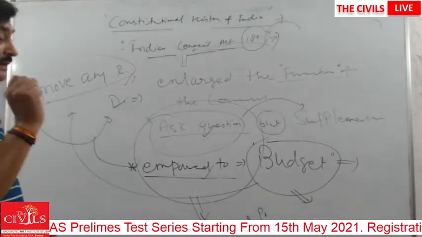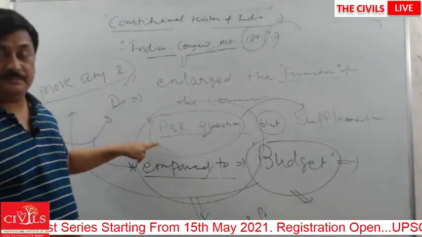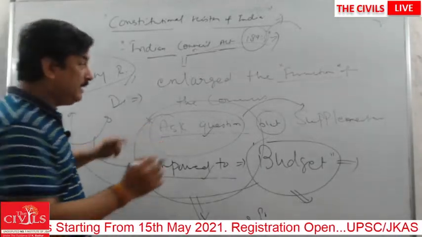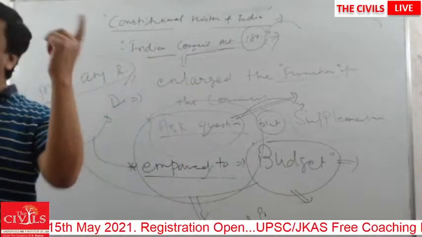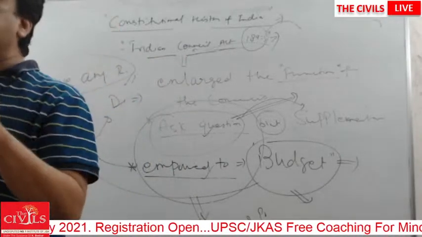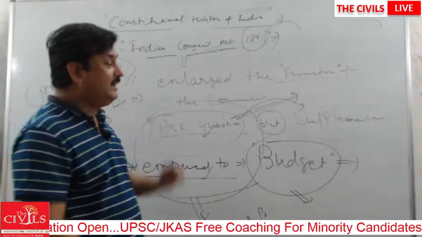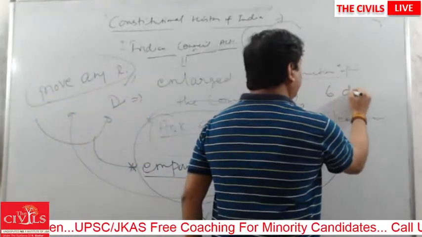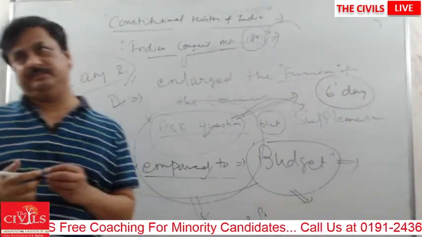Okay, and remember one more important point. They had a right to ask questions, but the question was related not to external matters, only to public interest. And 6 days prior notice is required.